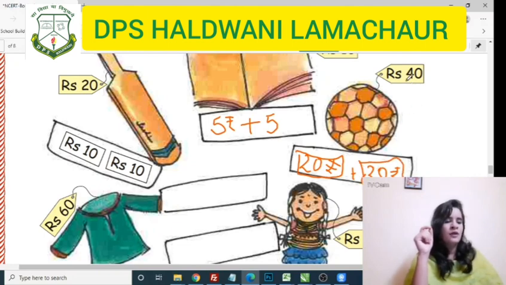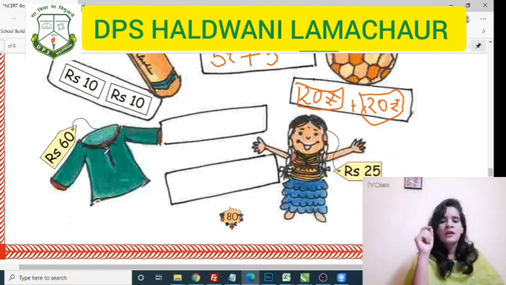₹20, 2 notes will make 40 rupees. Here the cost of this shirt is 60 rupees. So how will they pay? They can use 50 rupee note and 10 rupee note. So this doll is of 25 rupees.